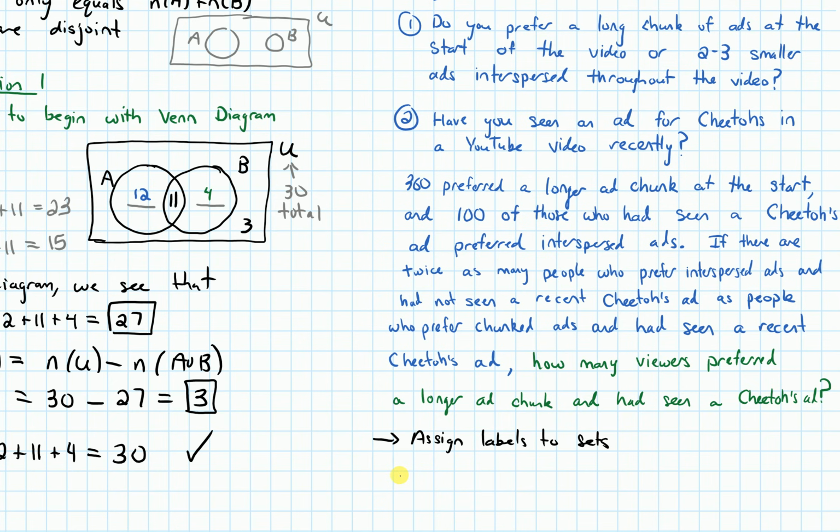So maybe let me call L, and I'm going to say this is a set, so I'm going to put the set notation. It's a set of people preferring a long ad chunk at the start.